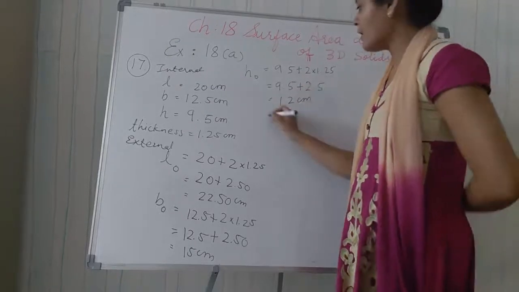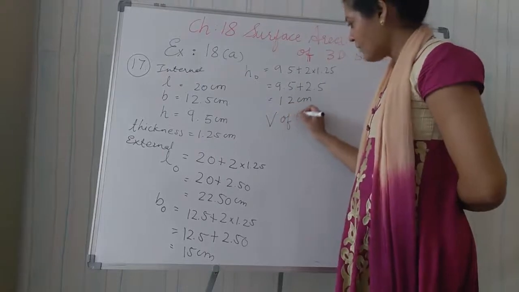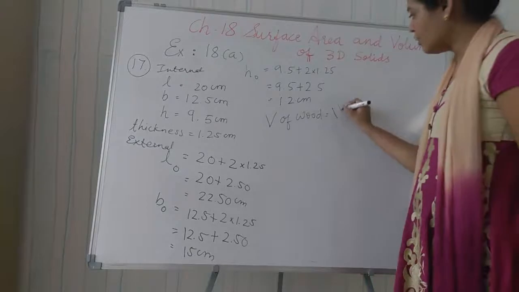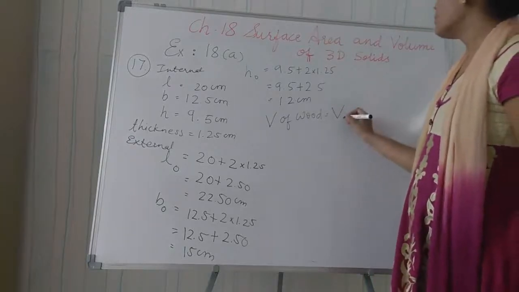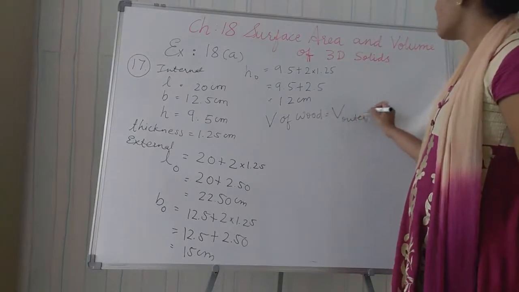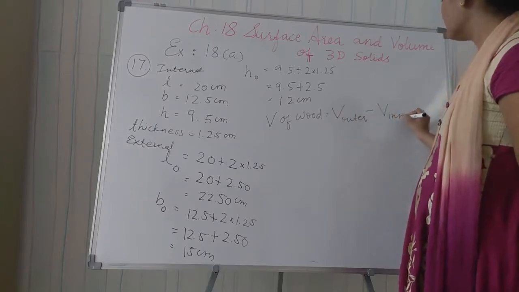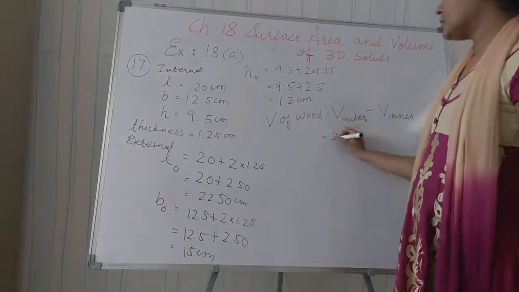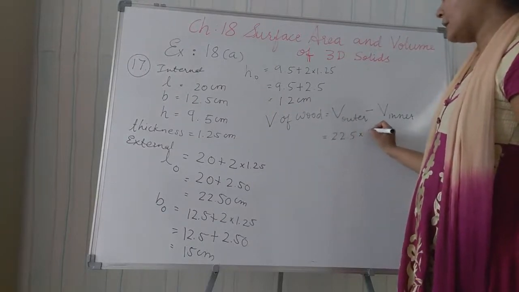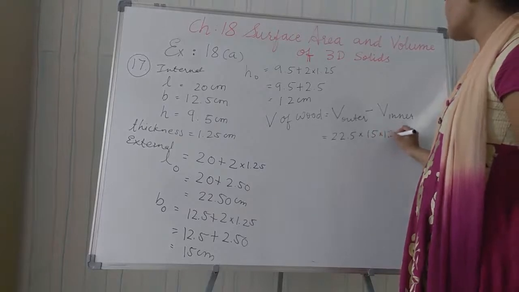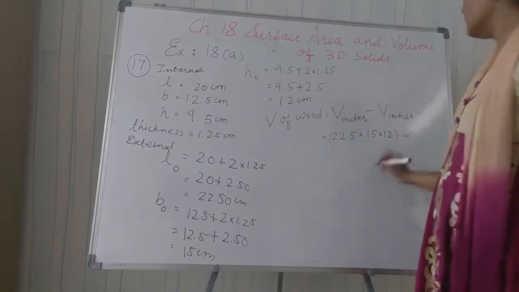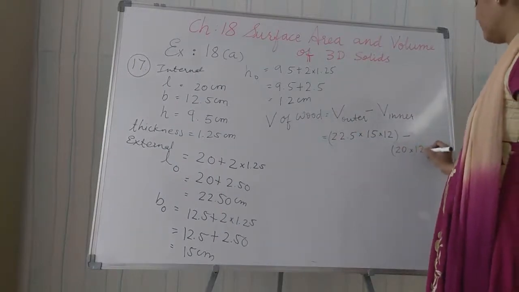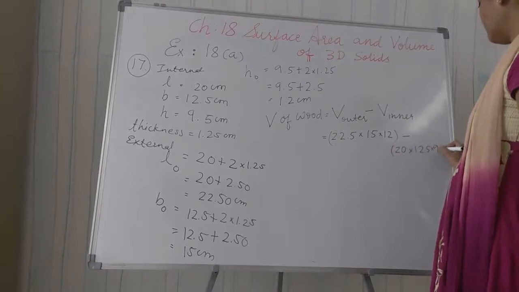Now, to find the volume of wood, I will take the outer volume minus the inner volume. The outer dimensions we have found: 22.5 multiply 15 multiply 12, minus the inner volume, 20 multiply 12.5 multiply 9.5.